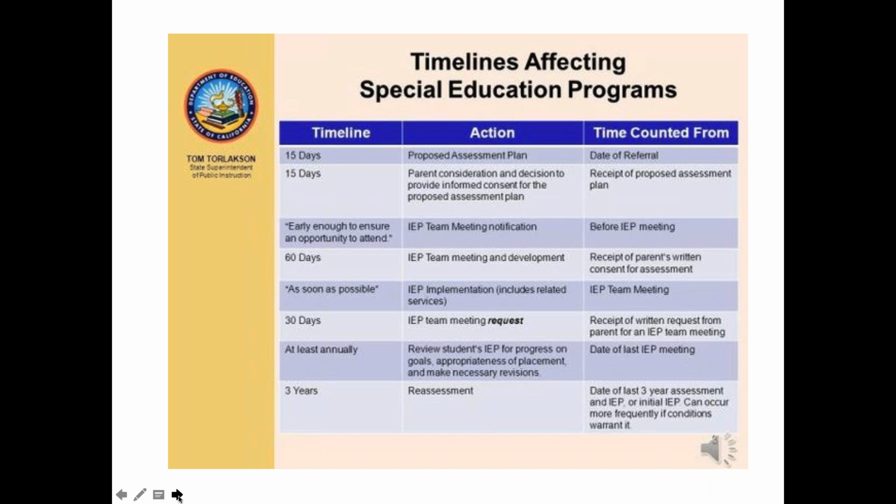Generally, as far as I know, as a non-attorney parent advocate, the district can only implement services if they have a parent signature, okay? Then there's 30 days if you want to revisit the IEP. If you have something else you want to talk about, then the district has to have an IEP meeting for you. At least annually, the district is supposed to have the 1-year review, and then every 3 years they have the reassessment. So these are things just to think about as we think about this process, right?